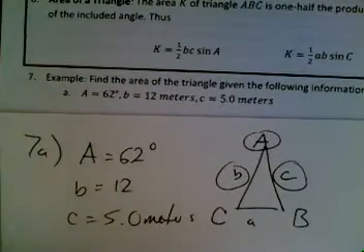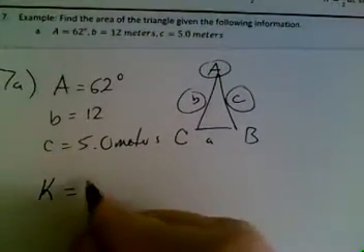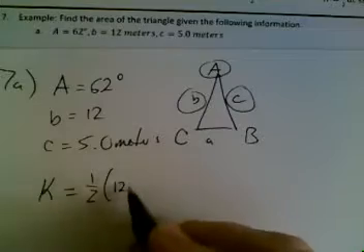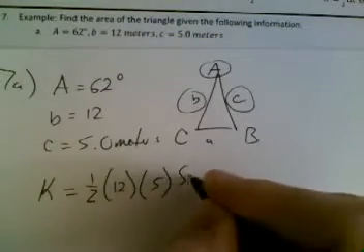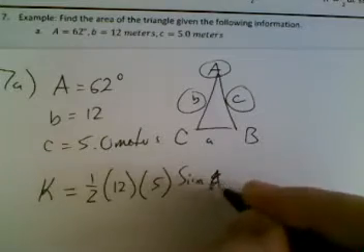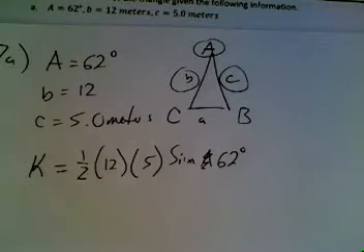Okay, so my area K is going to be equal to 1/2 B, 12, times C, 5, times the sine of the angle I'm given, 62 degrees. And how do I evaluate what this is going to be?